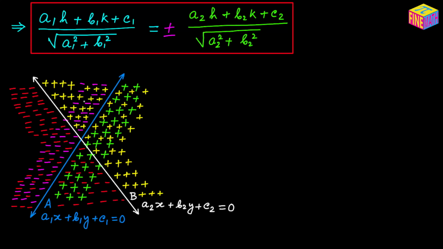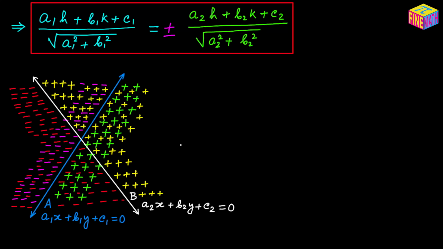And then if you look at the acute angle up there, we have a mix of positive and negative. That means for one straight line, the coordinates of any point in the region would make the expression negative, and for the other straight line, it will make it positive. Similarly, down below we have a mix of positive and negative again for the opposite acute angle. There again, coordinates of any point from that region would make the expression of one straight line positive and the expression of the other straight line negative.